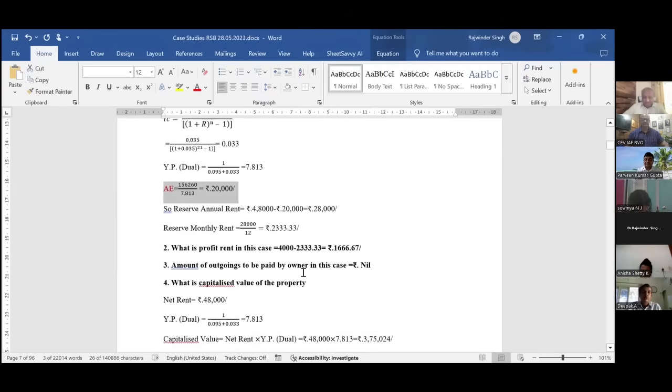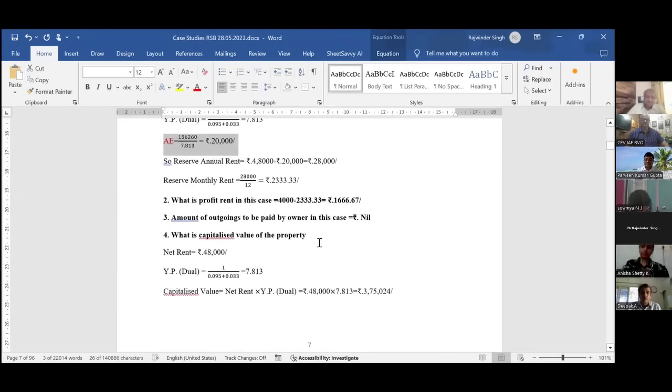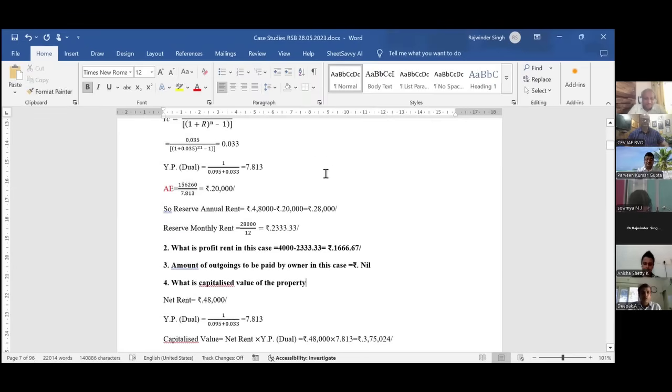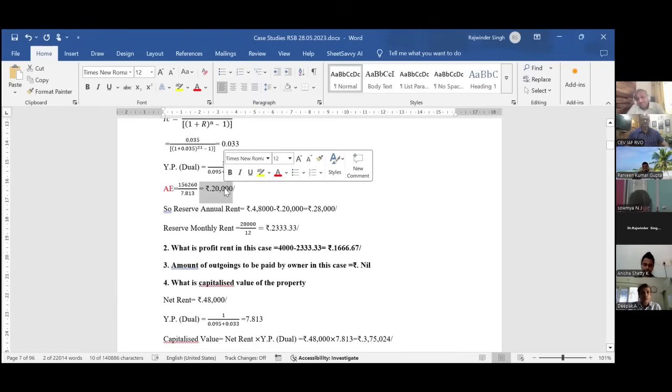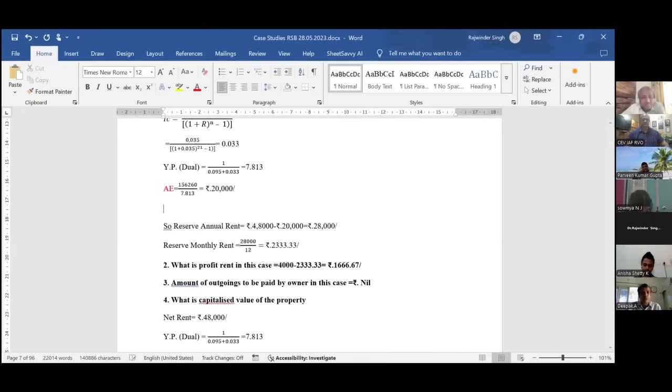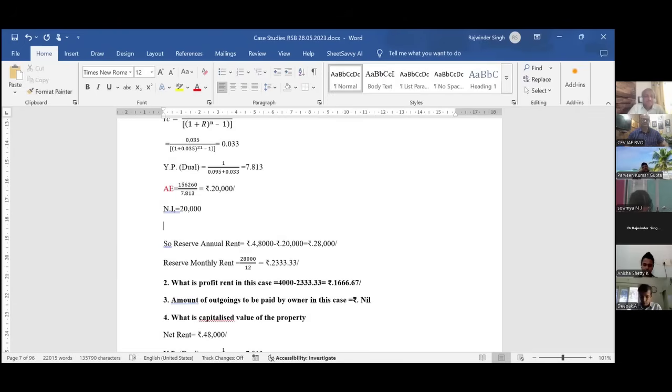Okay, so basically, see this question. Now see another thing. This is 20,000 you have got. Let us suppose net income is 20,000. And what is YP? 100 divided by 7.813. Is it clear?